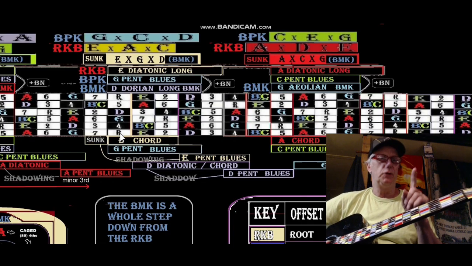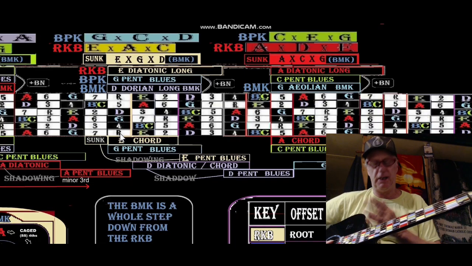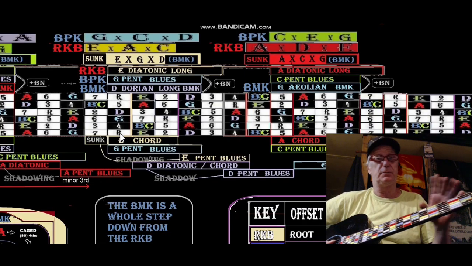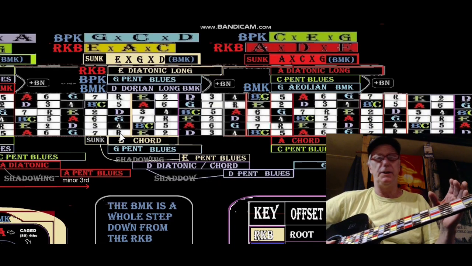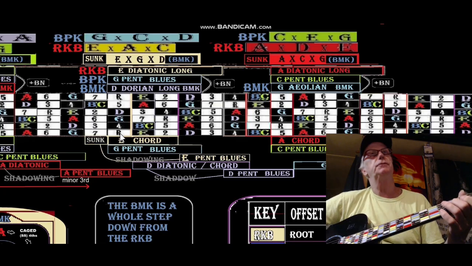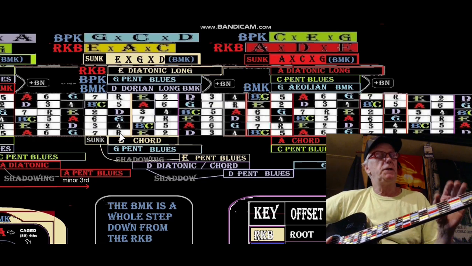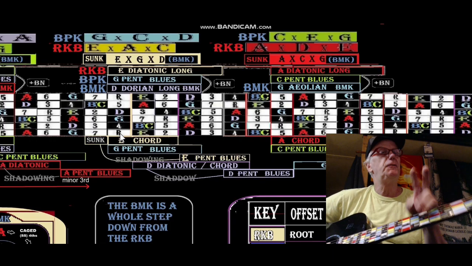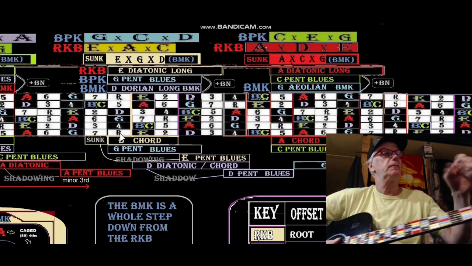Remember, root is always 1 or 8 in octave, but we go back, we just call it root, so we don't have to decide whether we're going to say 8 or 1. Root 2, 3, 4, 5, 6, 7, root. Now remember, root is the 2nd of the blues magic key, right?